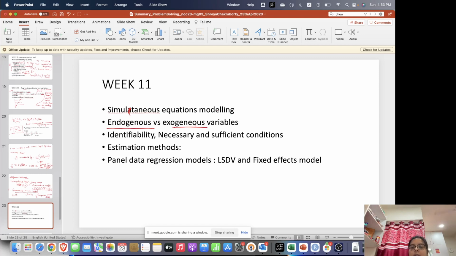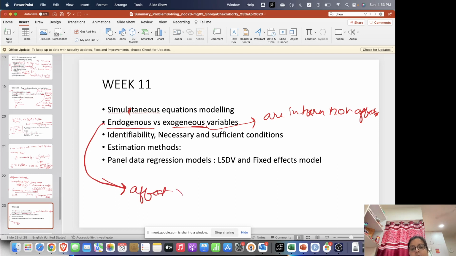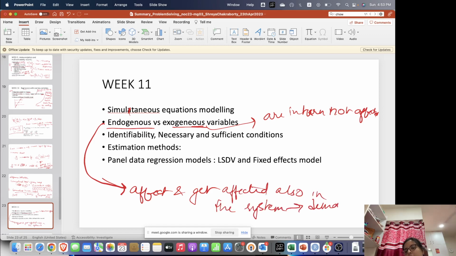The difference is that exogenous variables are not affected, but endogenous variables affect and also get affected in the system, like demand and supply, while exogenous could be temperature or other external factors.